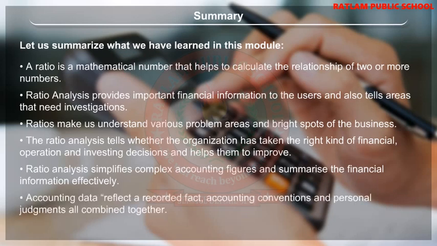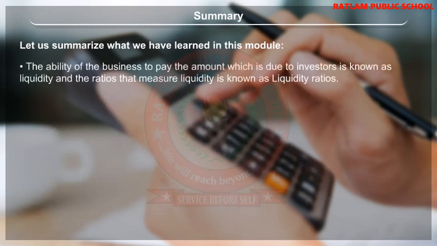Accounting data reflect a recorded fact, accounting conventions and personal judgments all combined together. The ability of the business to pay the amount which is due to investors is known as liquidity, and the ratios that measure liquidity are known as liquidity ratios.